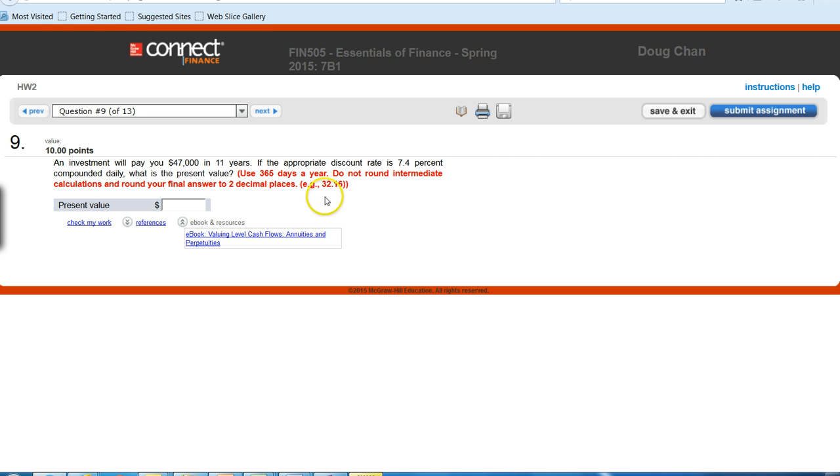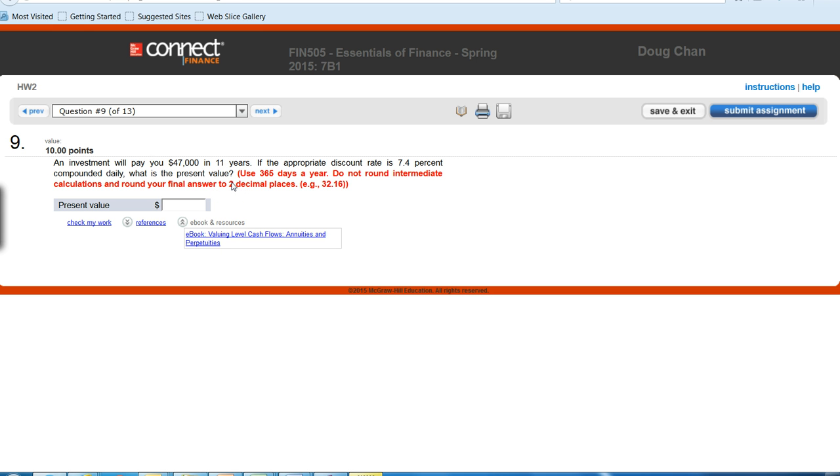So the example I want to discuss is actually one of the homework questions, which is number 9 in your homework 2. The setup says an investment will pay you $47,000 in 11 years if the appropriate discount rate is 7.4%, compounded daily. What is the present value?